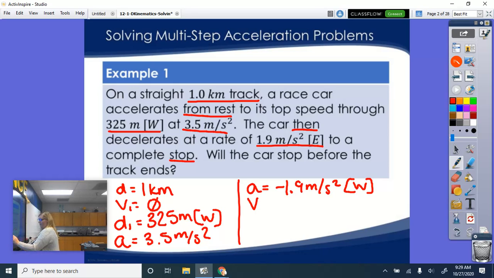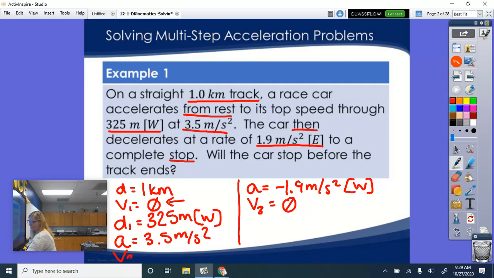So at the very end, I'm actually going to say V3 because that is where we're ending the second place. So we started at 0, then we accelerated.